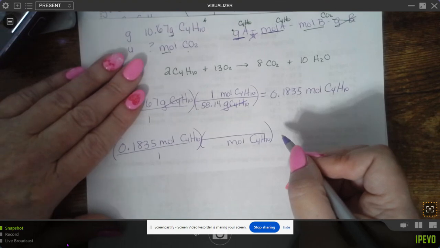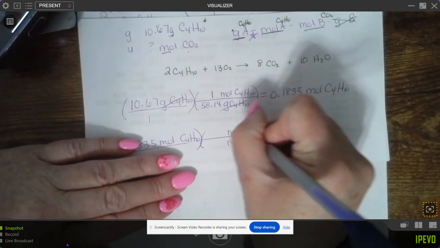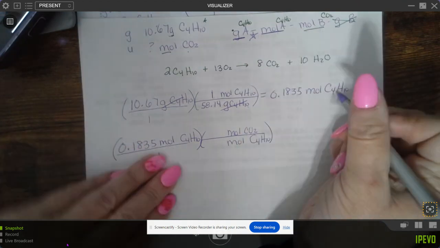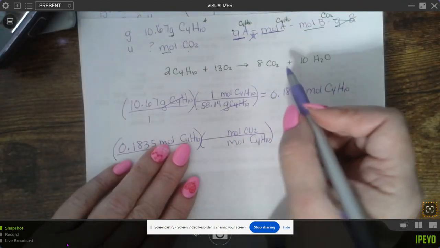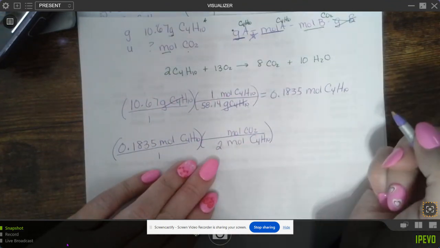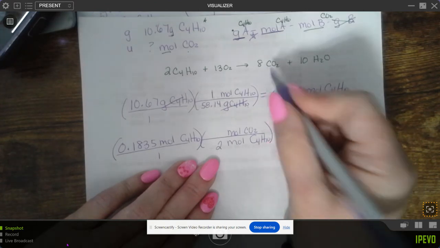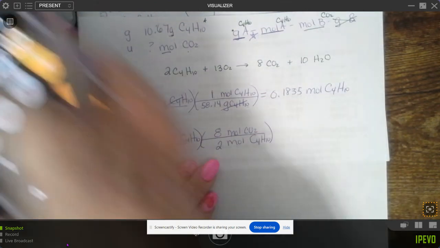And then what we're looking for, moles of B, so moles of CO2 go on the top. All right. And here we need to use the coefficients from our balanced chemical equation. So 2 moles of C4H10 is going to give us 8 moles of carbon dioxide.